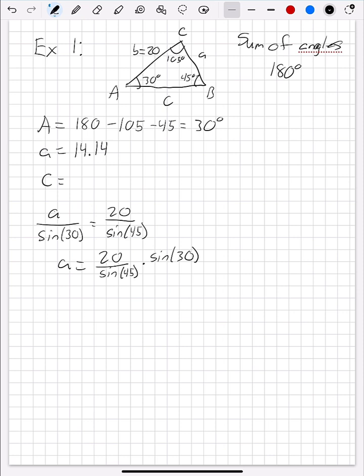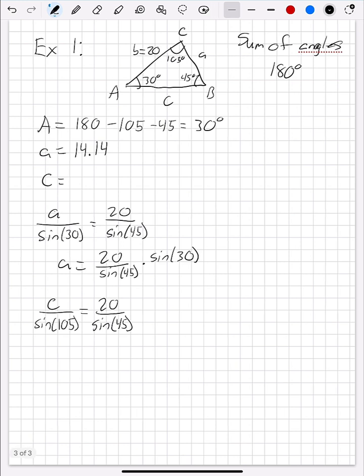All right. And so now the last one we need to solve for is side c. I'm going to use the b side again because I have exact measurements for that. You don't have to, you could use a. The only thing is, because a was rounded, it could throw your answer off. So I always try to use ones that I have given values for. So I'm going to say c divided by the sine of 105 will be equal to the b side, so 20 over the sine of 45.